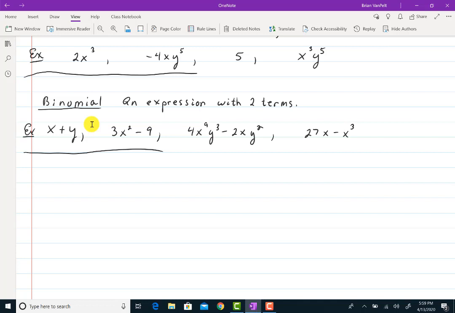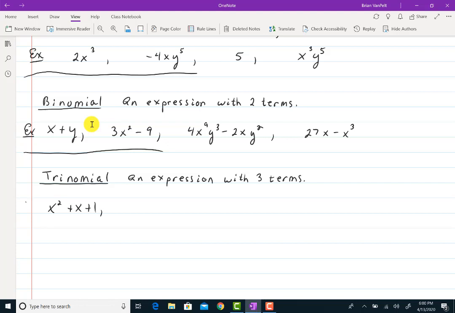And then we go all the way up to trinomial. And I'll bet you can't guess this one either. An expression with 3 terms. So, let's see, we could do x squared plus x plus 1.